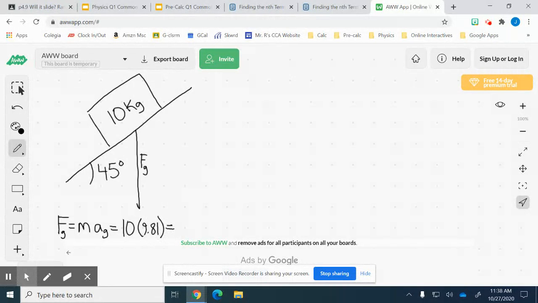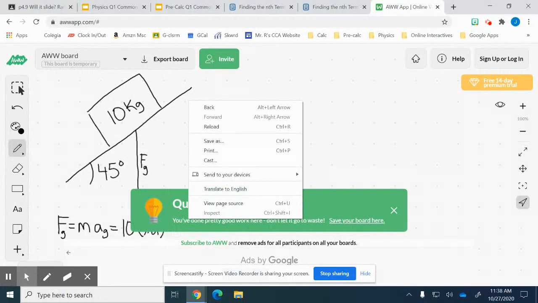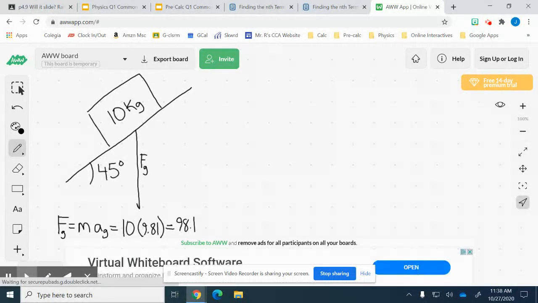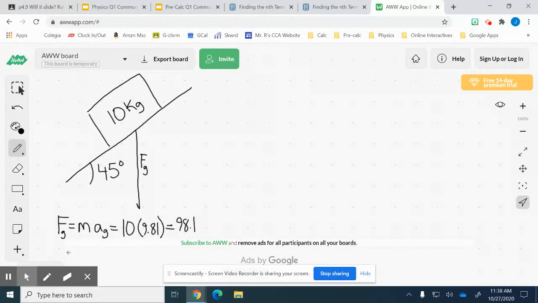So the force of gravity on this block, like it has been for the last 2 or 3 problems, is 98.1. I'm using this free whiteboard software, so whatever. So now we know the force of gravity on this block, right?